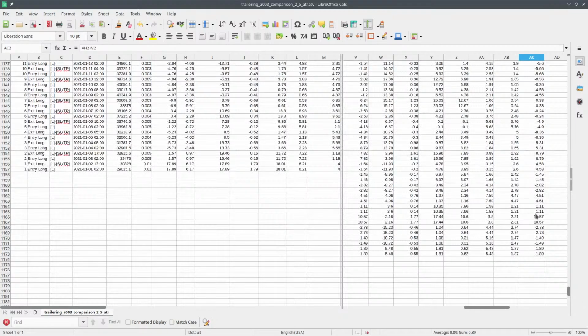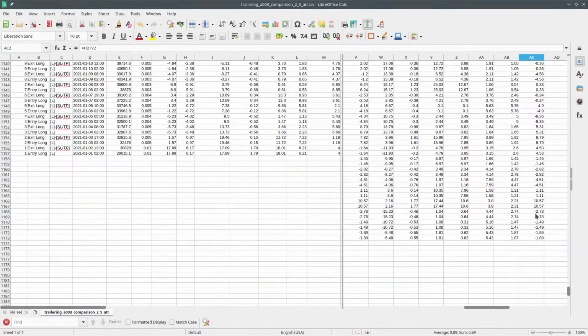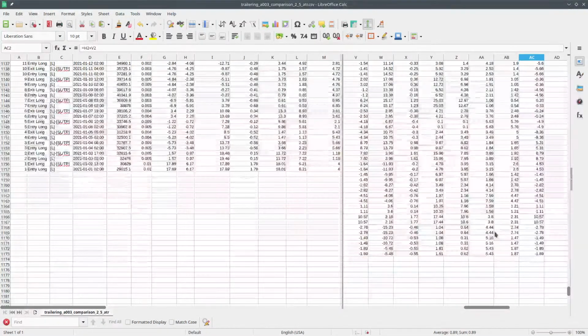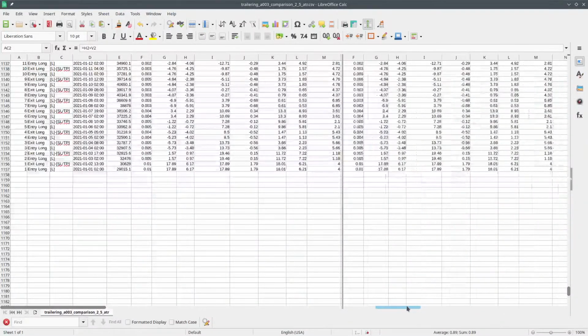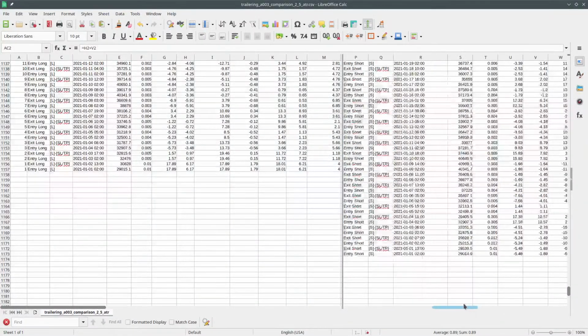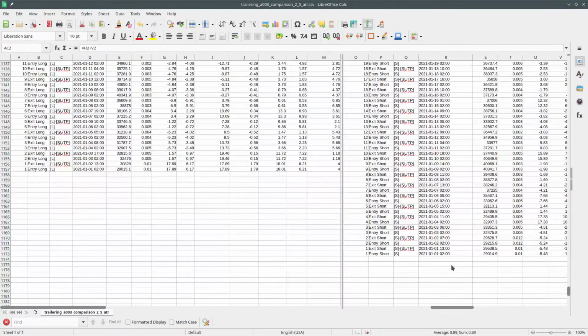Although here we have more trades than we wanted to have, and that's a problem because we are supposed to not have so many trades here. I'm not sure why there are more trades. Yeah, you can see how here the trades start lower.